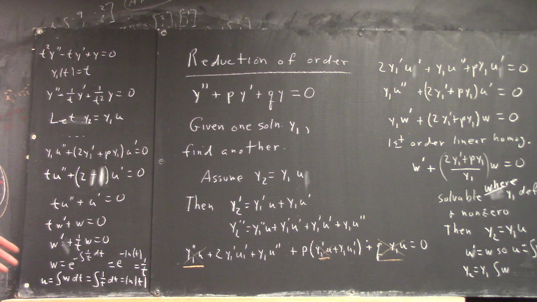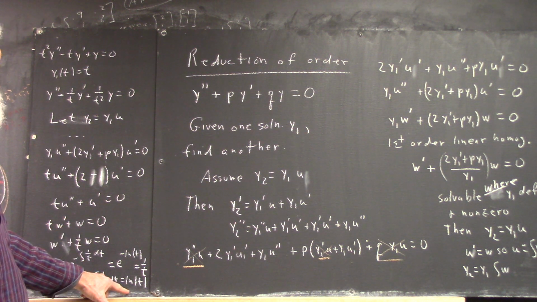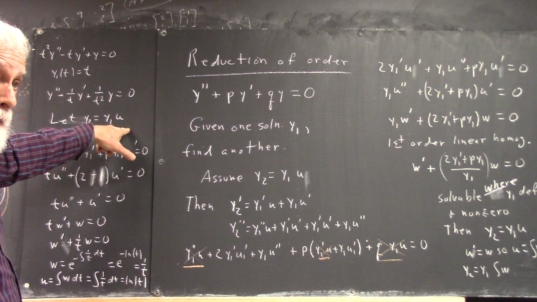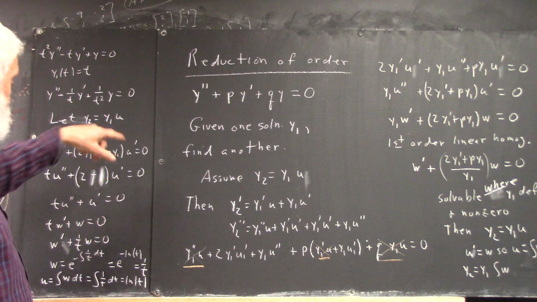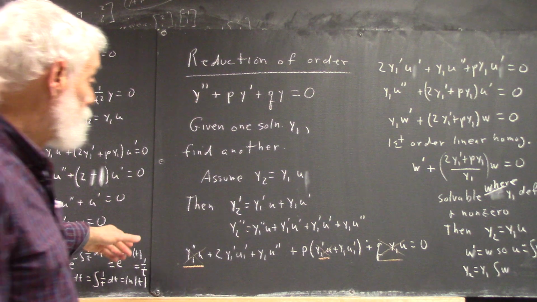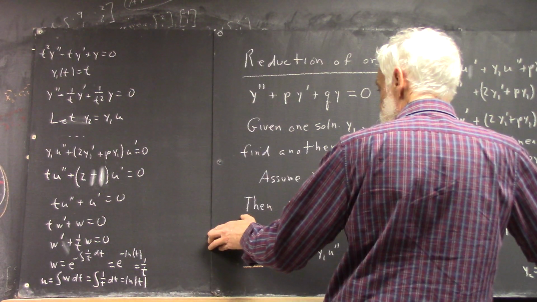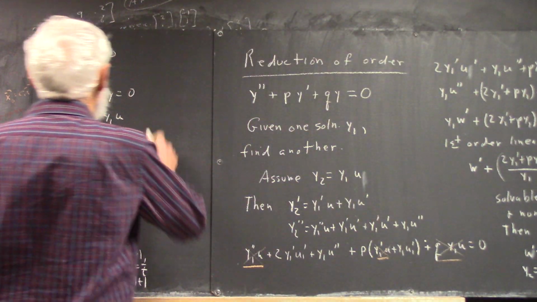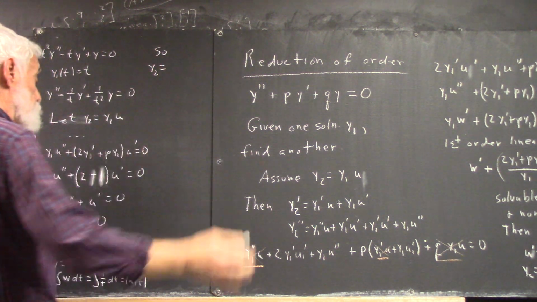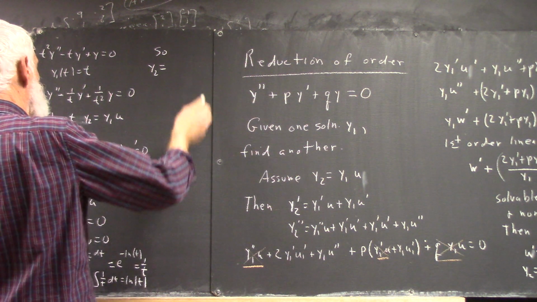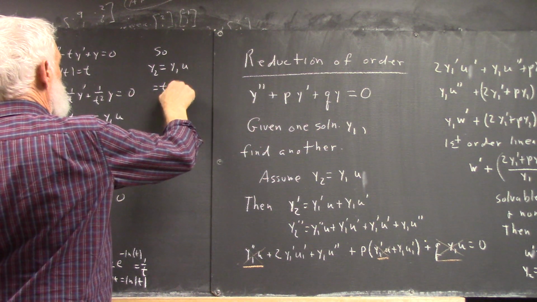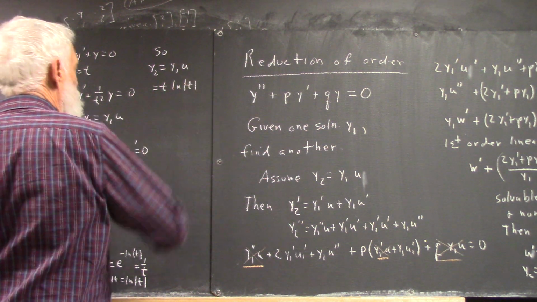So now our second solution is what? Well, our assumption was y2 is y1 times u. So we multiply our y1, which is t, by this, which is natural log of t. So y2 is y1 u, which equals t natural log of the absolute value of t.